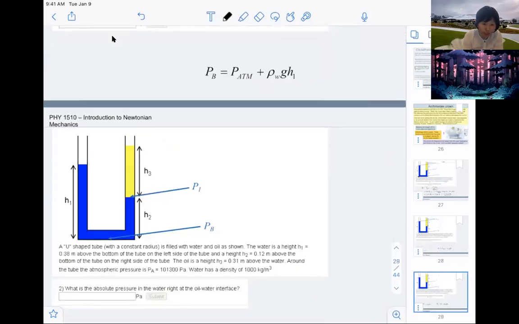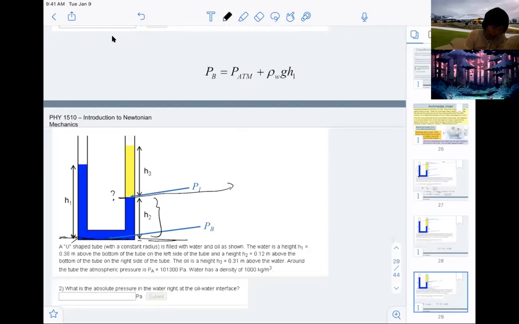And let's look at the second question. What is the absolute pressure in the water right at the oil-water surface? So what is the pressure over here? Okay, so you know that we just calculated the pressure here, right? Which means everywhere along the same dashed line, everywhere at the bottom has the same pressure. So whatever the pressure over here, plus the extra pressure of the liquid, gives you the pressure at the bottom.